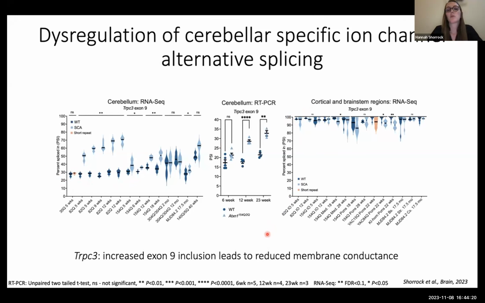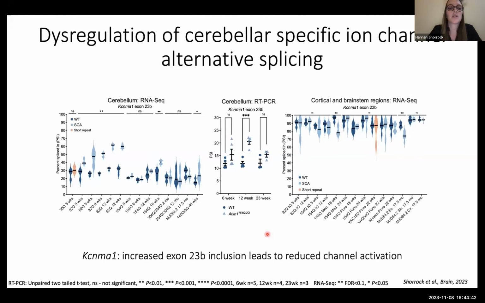And this is something that we were able to validate using RT-PCR within an SCA1 mouse model. This particular cerebellar-specific alternative splicing has been well studied, and so we know that when exon 9 inclusion is increased, this actually leads to a reduction in membrane conductance.